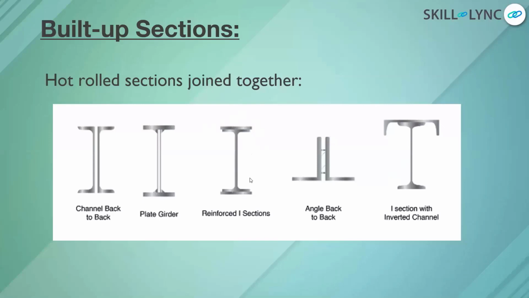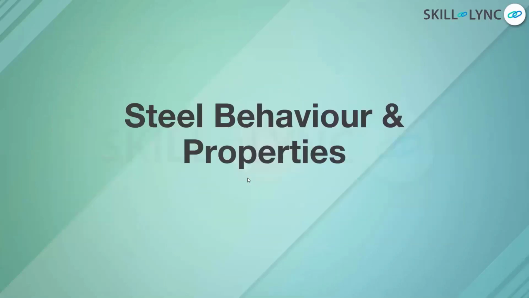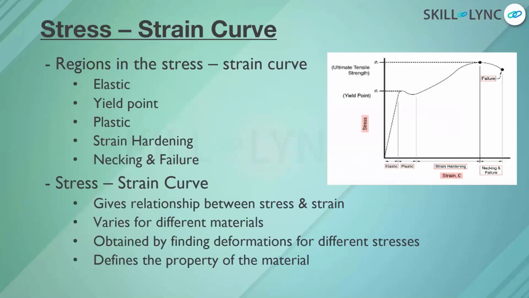Next, a main criterion we have to understand is steel behavior and its properties. You might have seen the stress strain curve. We might have talked a lot in civil engineering courses about what it is. So what is stress? Stress is defined as the force experienced by an object which causes a change in the object.